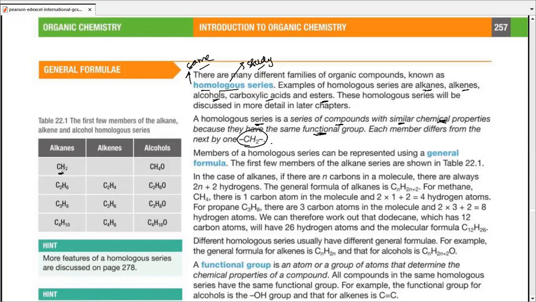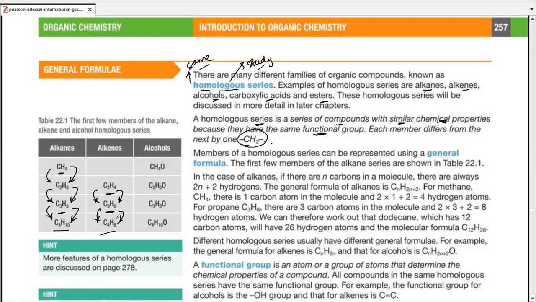Alkanes start off with the formula CH4. Now notice a difference of one carbon and two hydrogen is working its way for the next member in the series. The next one is C2H6. Then another difference of one carbon and two hydrogen would give us the next member C3H8. Then one carbon and two hydrogen, C4H10. So that's how we work our way out. If you look at alkenes, C2H4, one carbon, two hydrogen, C3H6, one carbon, two hydrogen, C4H8.